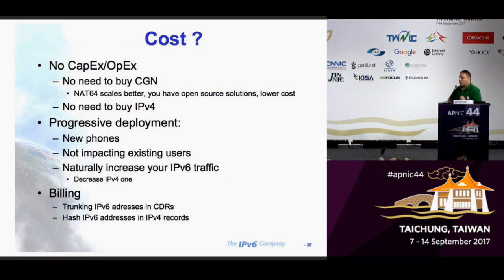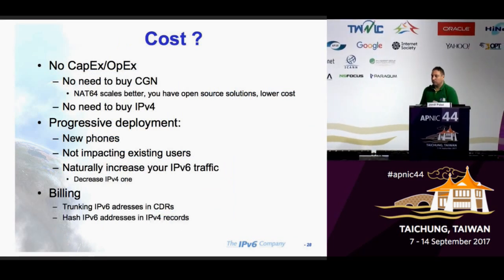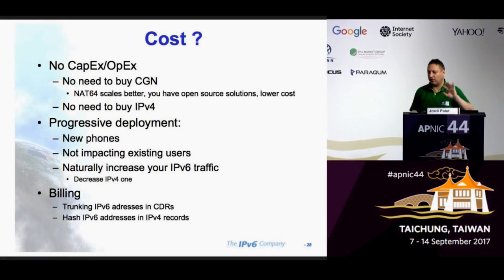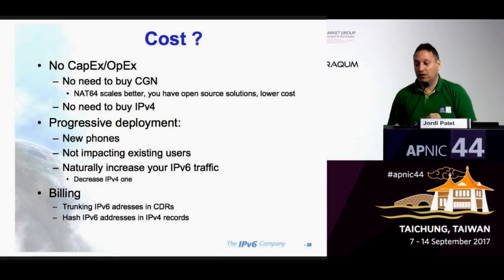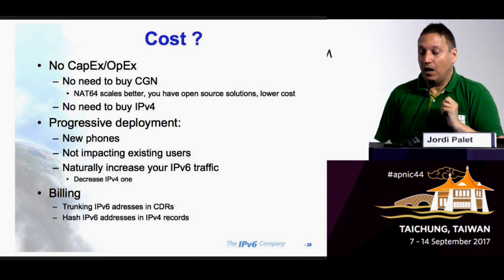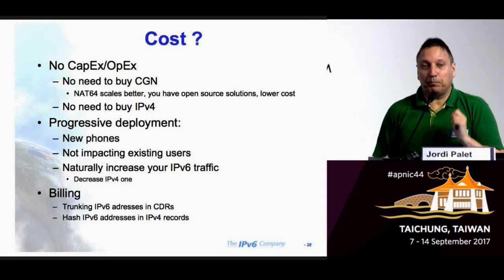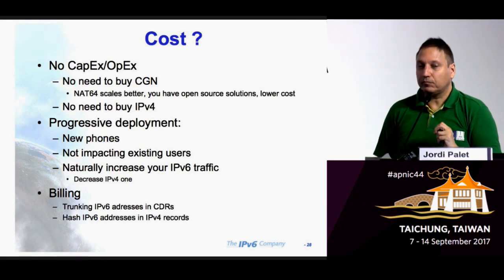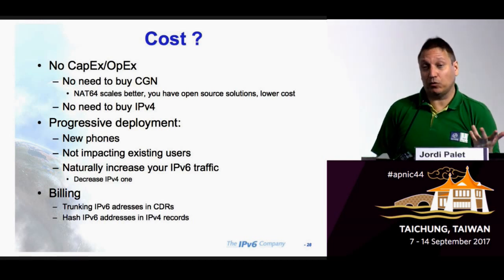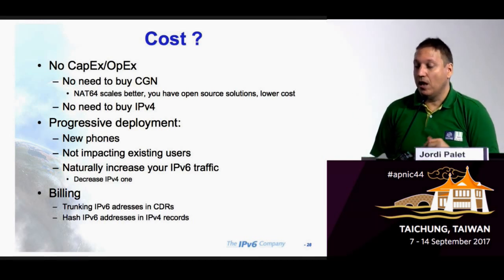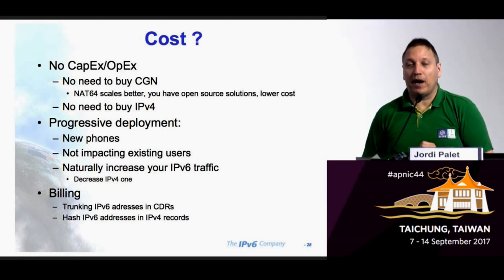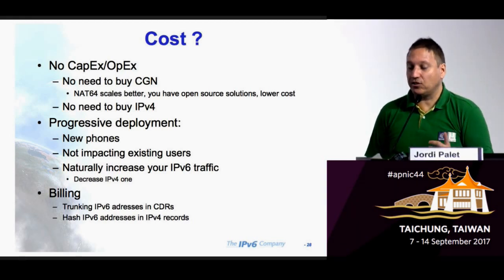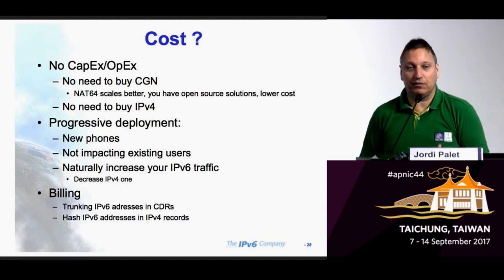Okay, so what about the cost? I mentioned also in the first, I think it was the first or the second slide, something about that. Deploying this transition mechanism 464XLAT and having an IPv6-only network basically, or access network, means you don't need to buy carrier-grade NAT. Yes, you still need to buy NAT64, but I already mentioned that NAT64 scales better.